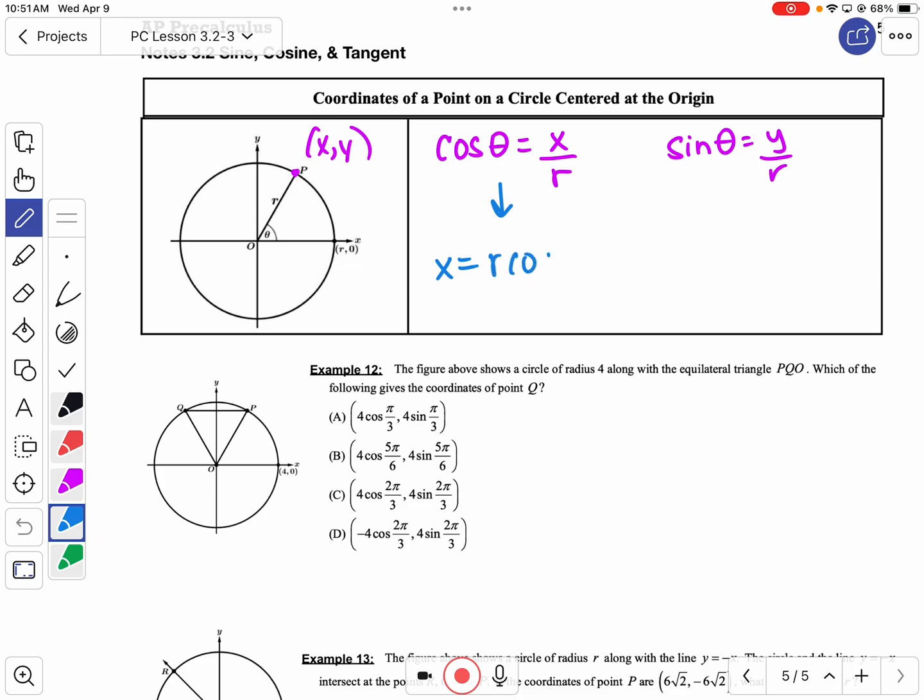Multiply by r, so r cosine of theta. And what would y be? r sine theta. So if I have a radius other than 1, another way to write that ordered pair is r cosine theta, comma, r sine theta. Okay, so it's just another way to write an ordered pair.